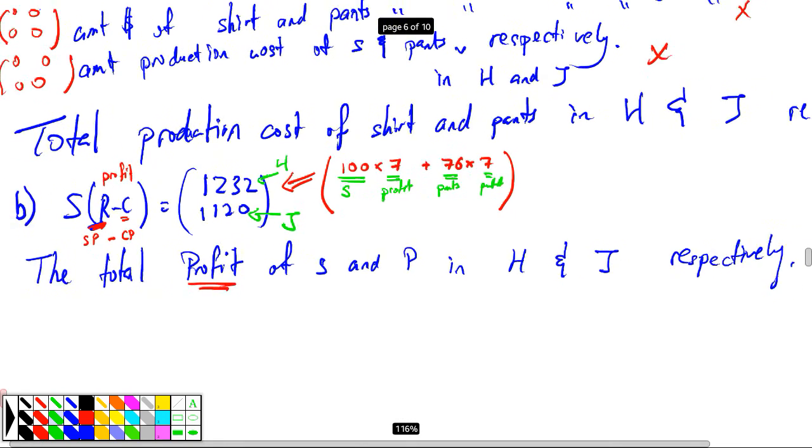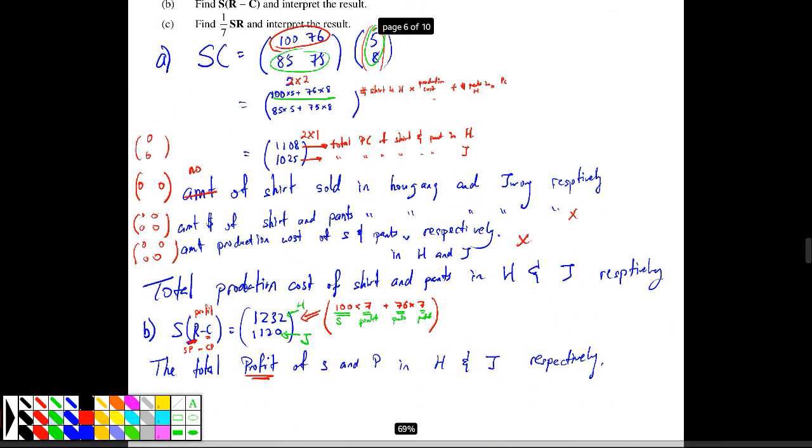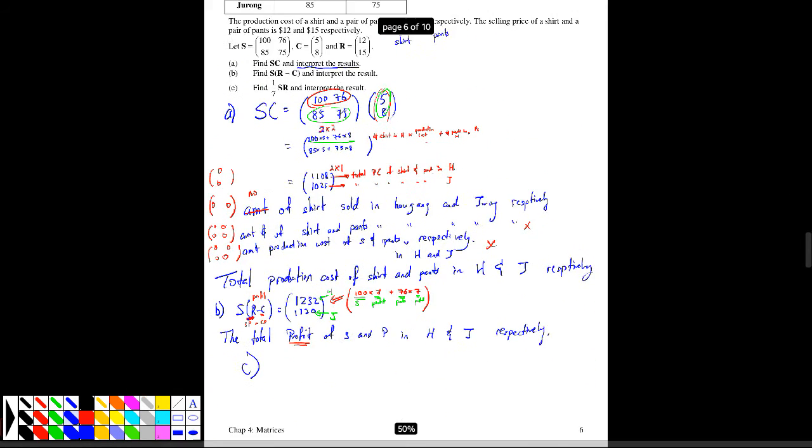You are doing C, is it? If there's a fraction, what do you do? Write in fraction, that's fine. But if you know it's money, you can write in how many decimal places? 2 for dollars and cents, right?